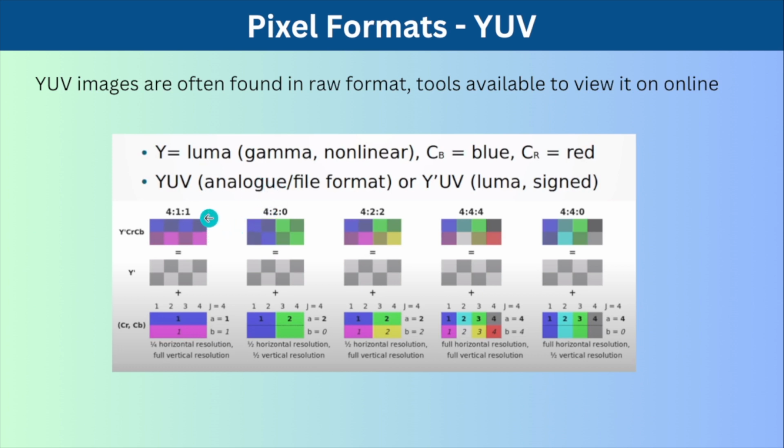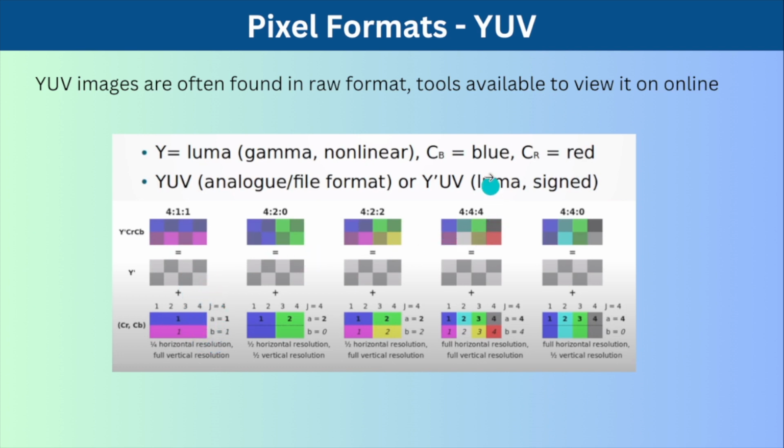Y stands for the brightness of each pixel, and this is called the U plane, and this is called the V plane, and the color information of U and of V is represented.